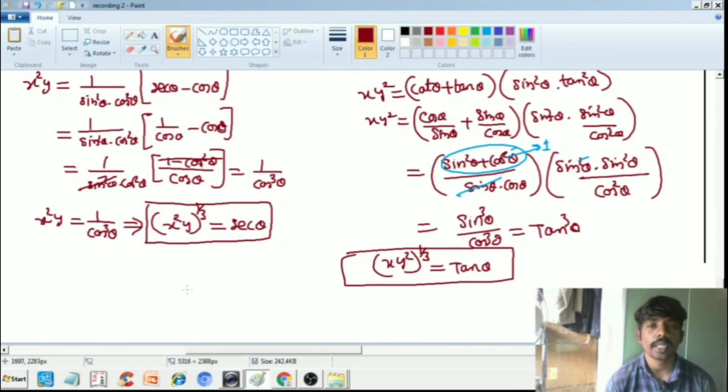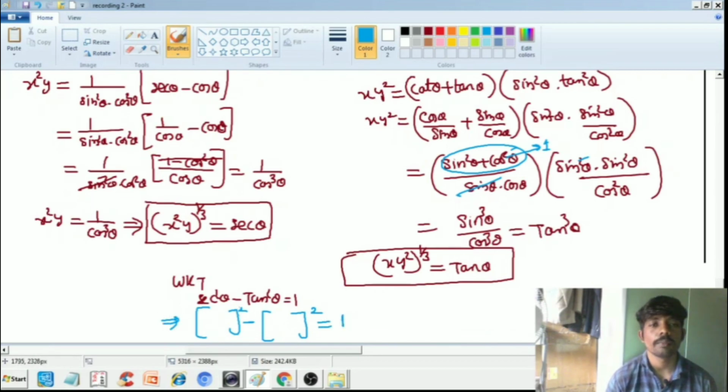Now we know one formula, identity: secant square theta minus tan square theta is equal to 1. Now substitute from here, secant square minus tan square is equal to 1. From here, secant is x square y to the power of 1 by 3.